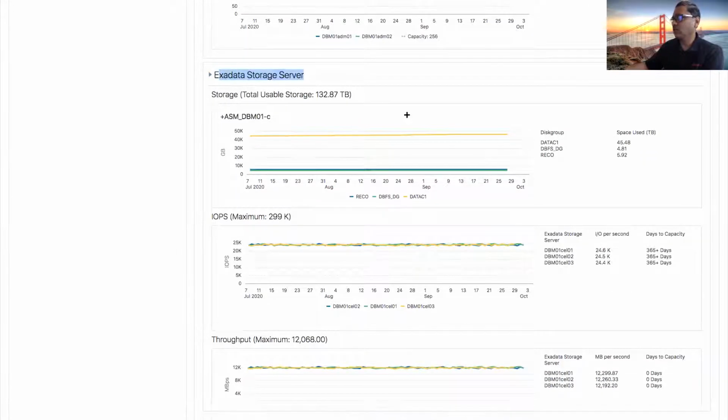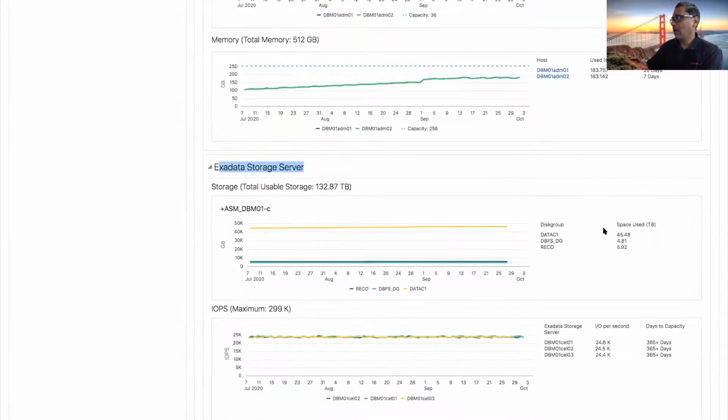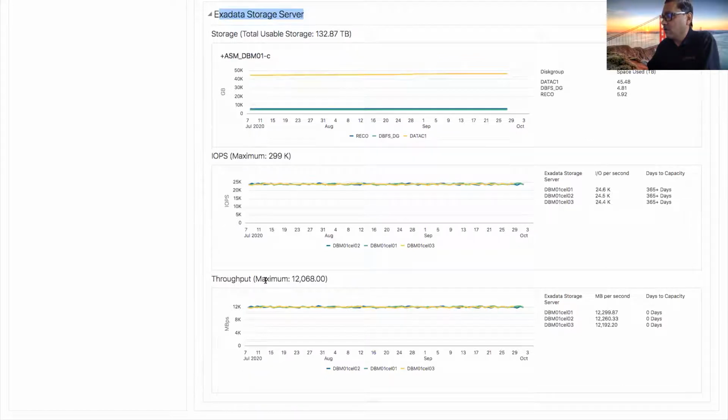Similarly, this Exadata storage server, let me go here. My disk space usage, my IOPS and my throughput. Okay. My throughput does have an issue here, but that should be maximum. So that's great. As long as I don't have a performance issue, that's great.